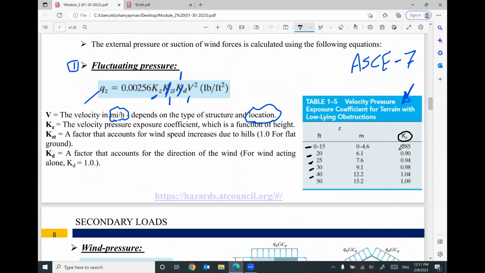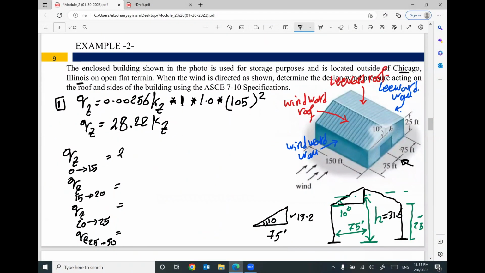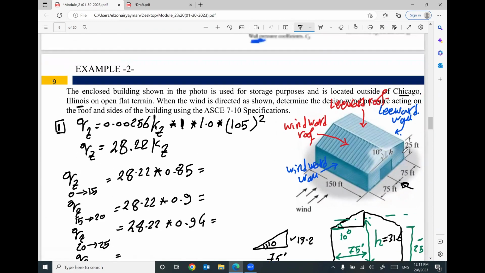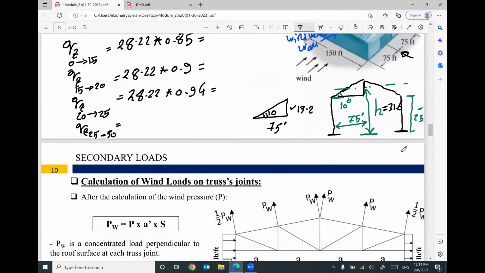The value of Kz for each one is 0.85, 0.9, 0.94, 0.98. So I will multiply 28.22 by 0.85, 28.22 times 0.9, 28.22 times 0.94, and the last one, 28.22 times 0.98.